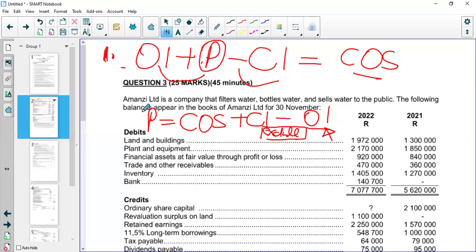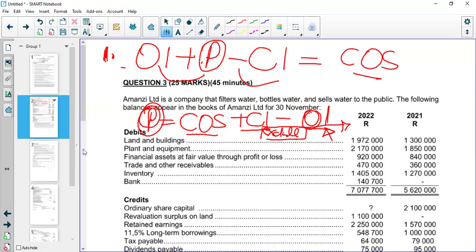So with a calculation like cost of sales plus closing inventory minus opening inventory, we're going to get purchases. Right, so now let's get the purchases.